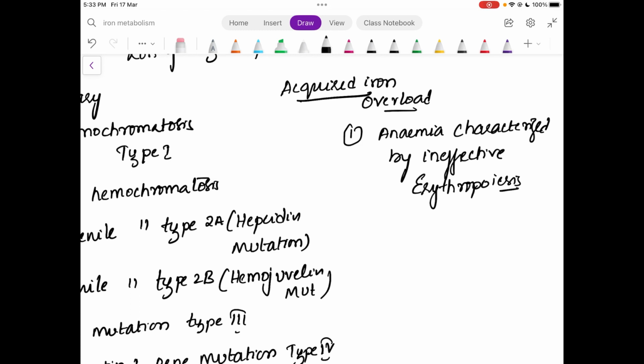Due to anemia, the hemoglobin formation is less, and this causes increased absorption of iron into the body. So this causes iron overload. This condition is seen in thalassemia major and sideroblastic anemia.